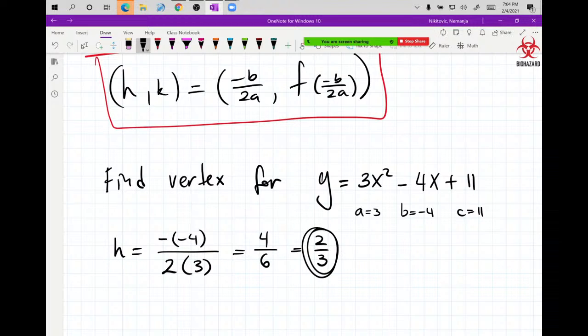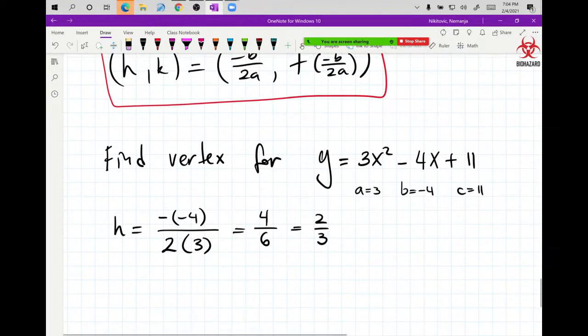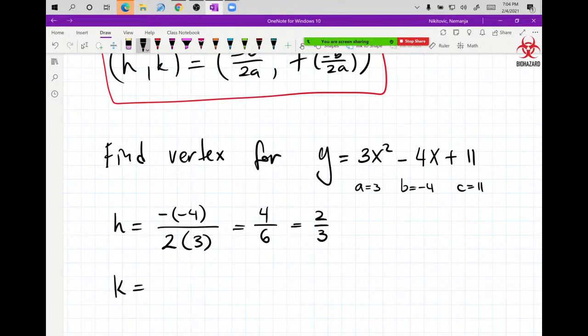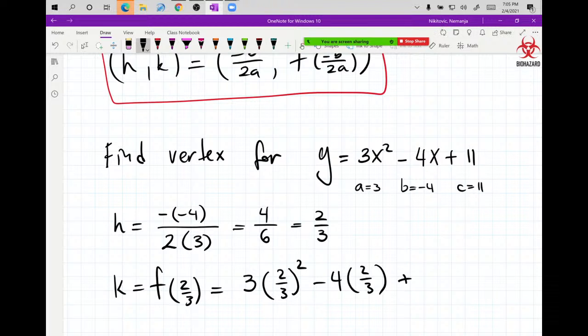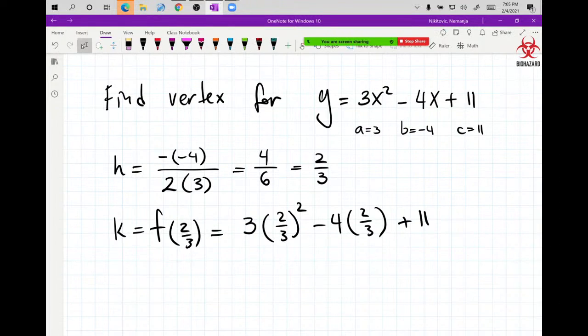I got my input, x. So now, to find k, all I need to do is to calculate f of 2/3. 3 times 2/3 squared minus 4 times 2/3 plus 11. It's basic arithmetic. One of the 3's will cancel.